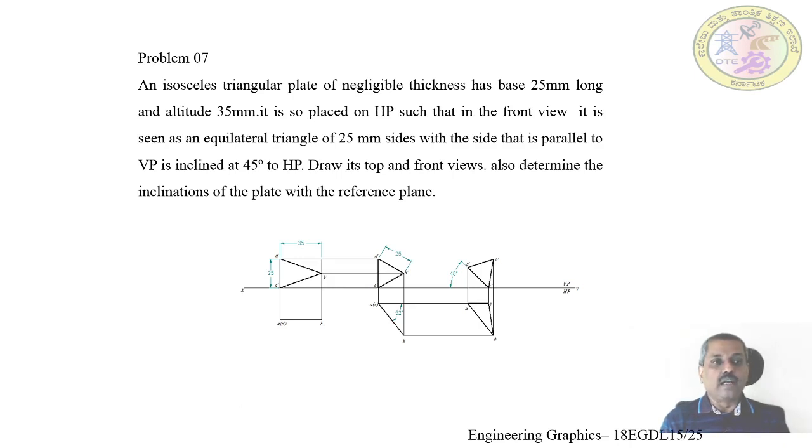It is so placed on the HP such that its front view is seen as an equilateral triangle of 25 mm sides, that is parallel to VP and inclined to HP at 45 degrees. Draw the top and front views and also determine the inclination of the plate with the reference plane. Now I will tell you how to do it.